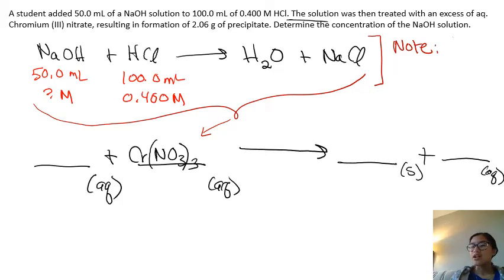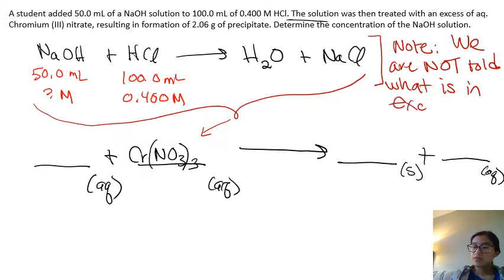So we are not told what is in excess or what is limiting. So what that means is that any of these things in the first reaction could potentially end up reacting in the second reaction, because we don't know if sodium hydroxide is limiting or HCl is limiting, so some of it may be still left over at the end of the reaction.